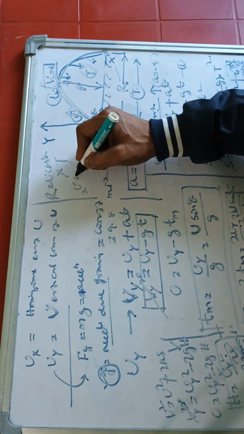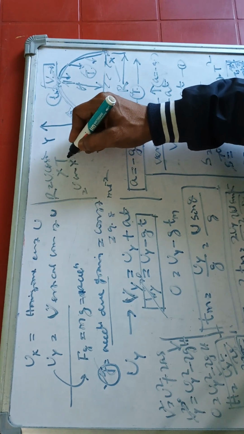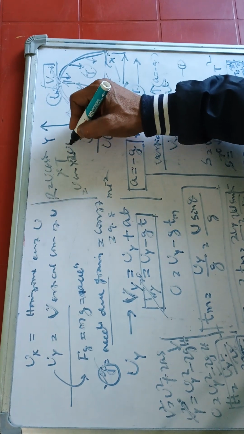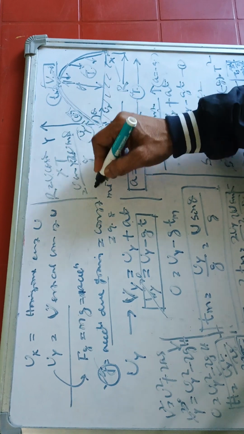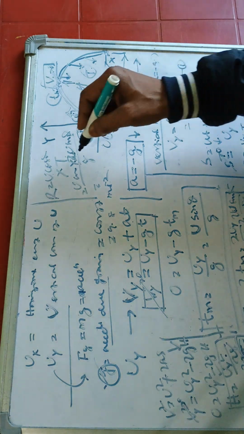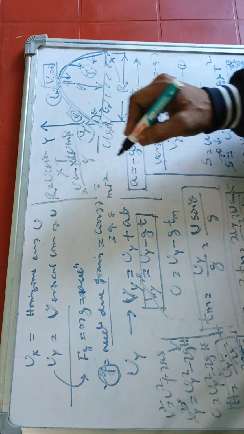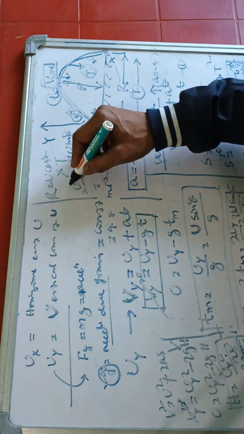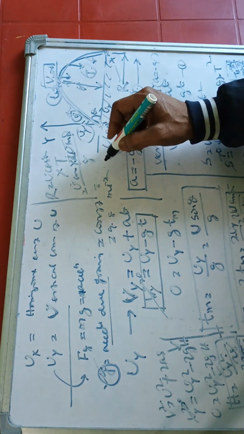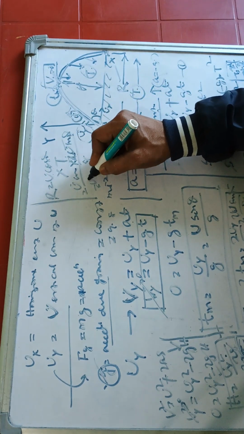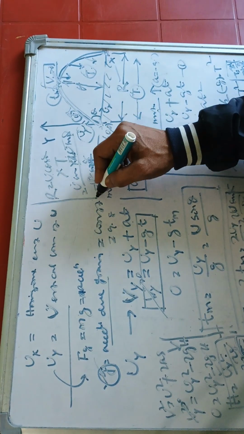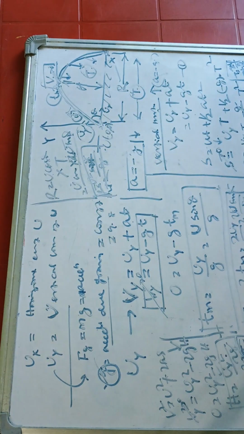Now it becomes u cos theta times 2u sine theta by g, and the numerator becomes twice u cos theta multiplied by u sine theta. That means u square sine 2 theta by g. This is the range of the flight.